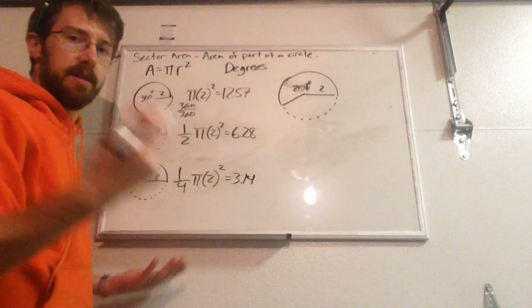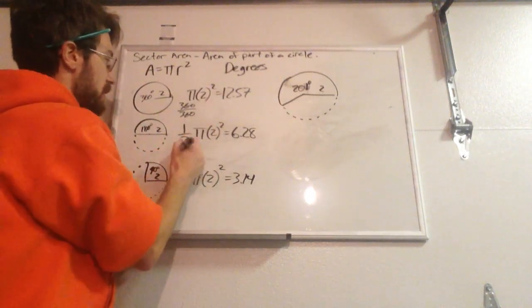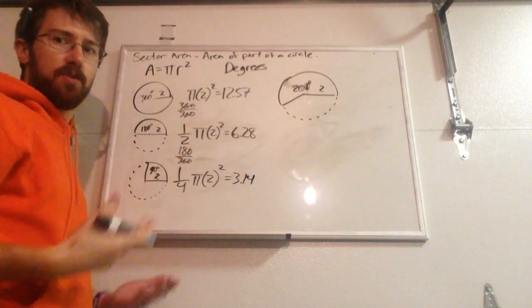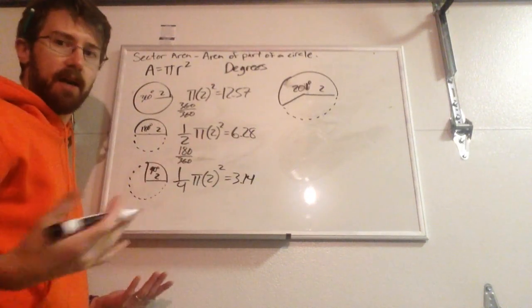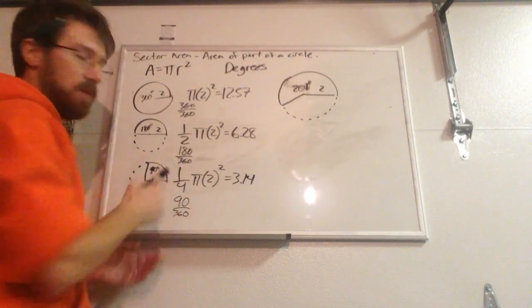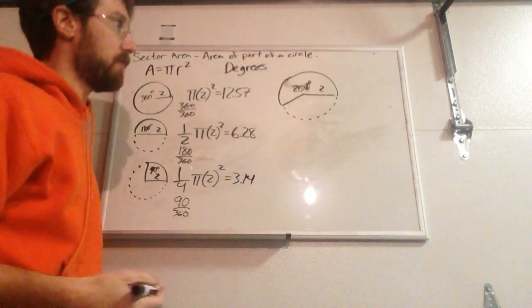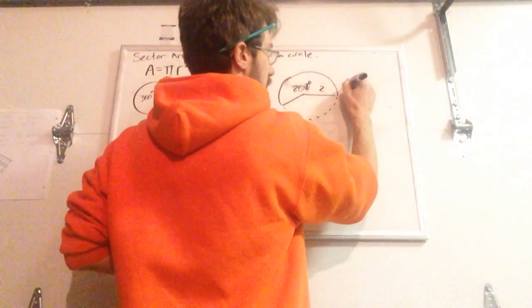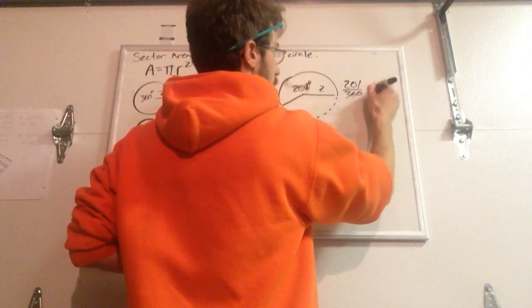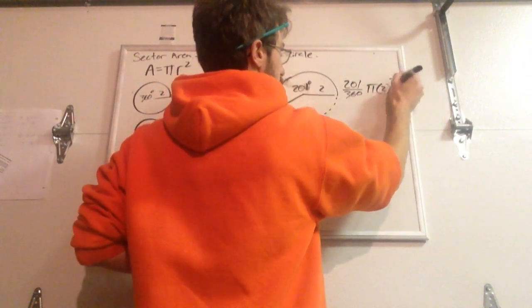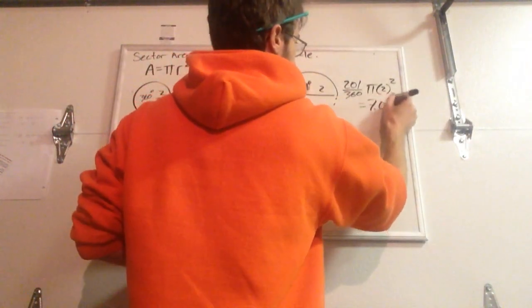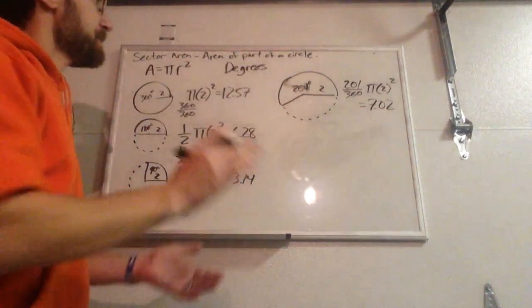This times 1 is 12.57. For 180, 180 over 360 reduces to 1/2, which is why I have a 1/2 in front. 90 over 360 reduces to 1/4, which is why we're multiplying by 1/4. Same thing here: 201 over 360 times pi times the radius squared, and that is about 7.02 for the area.